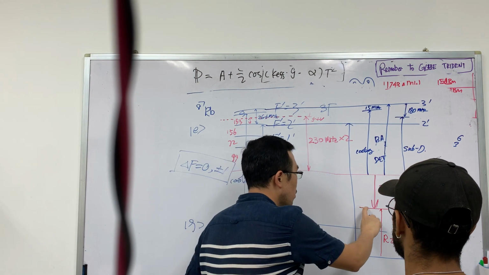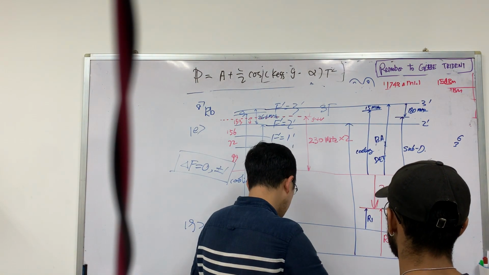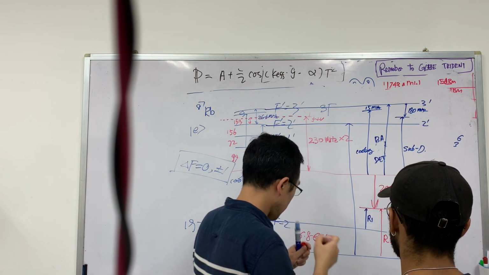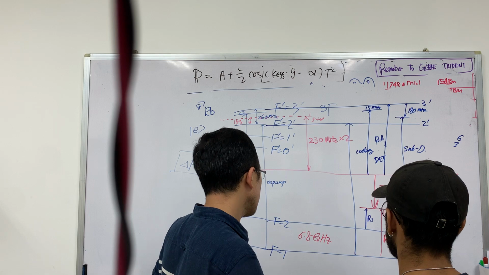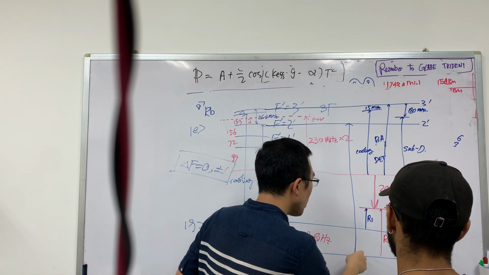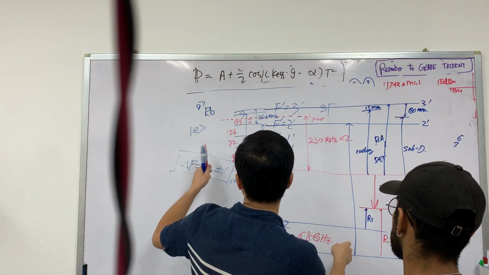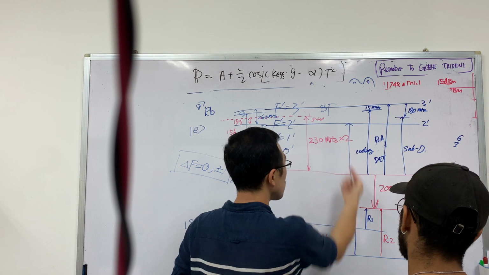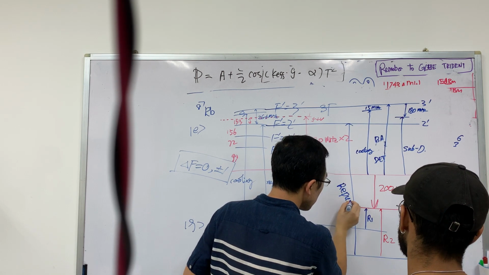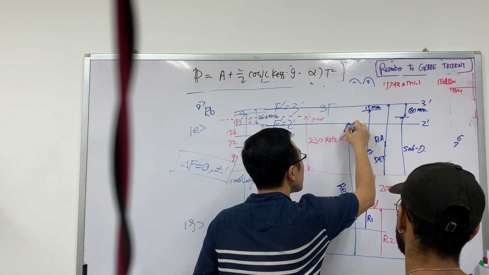Because the difference of this and this is this much, and this is 6.8 gigahertz. Yes. And now you want to get the repump. This is repump. This one. This is repump. I highlighted.